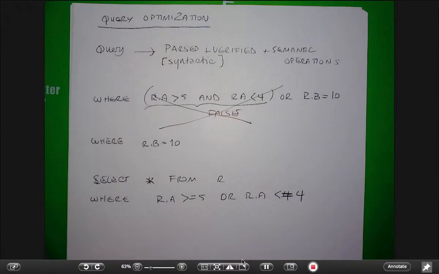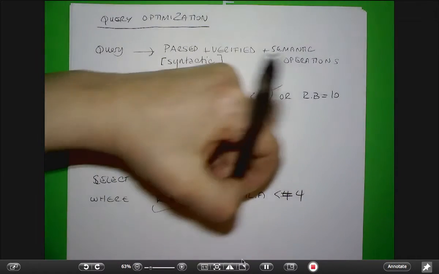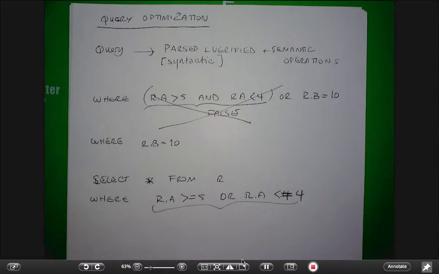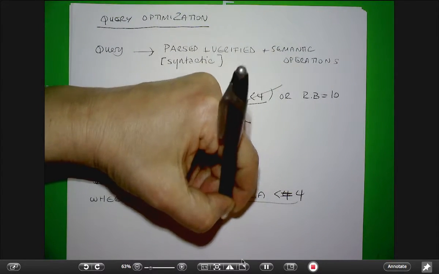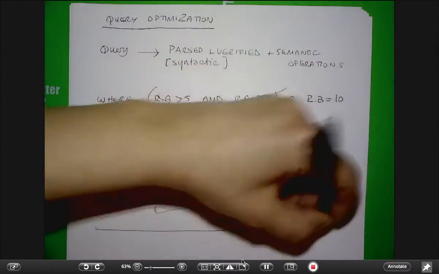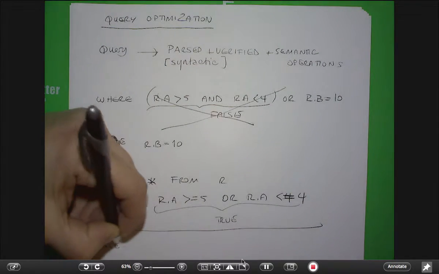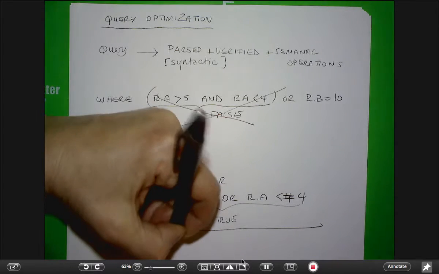What did we learn here? It will return everything because, again, this query has a condition that's always true, right? Regardless of which value of r.a it is, it will either satisfy this or this. So this is actually always true. So instead, I would like to do select star from R.